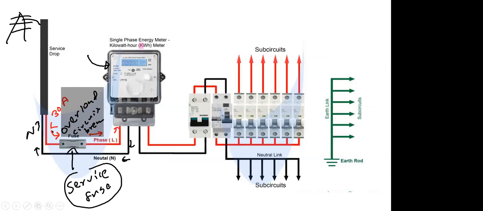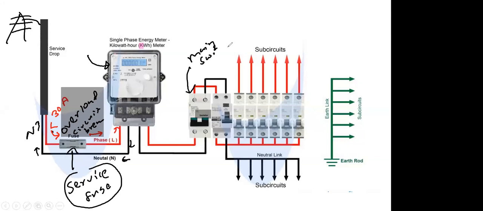That is one difference. After that, can you see it is printed here? What is this called? Isolator. That is actually the real name, isolator, but in our daily life we call this the main switch. What is the role of the main switch?